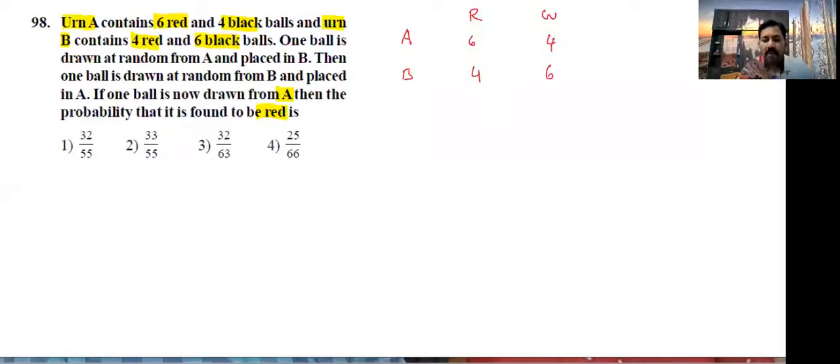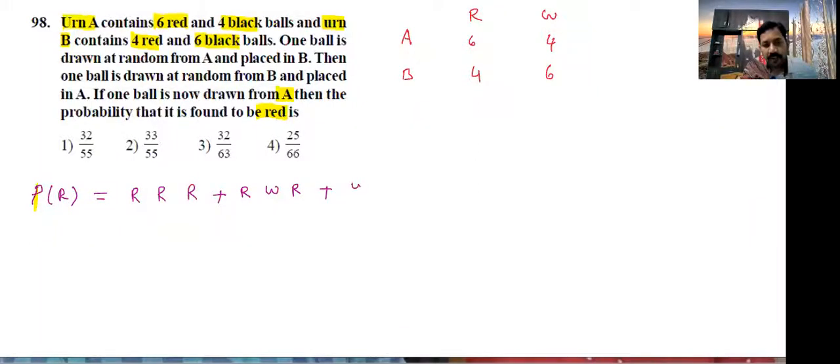Now, how many different cases are possible? That is important here. Probability of selecting a red color ball. See here. First draw red color, second draw red color, third draw also red color. Third draw is fixed red color. For suppose first draw is red, second draw is white, third draw is red.